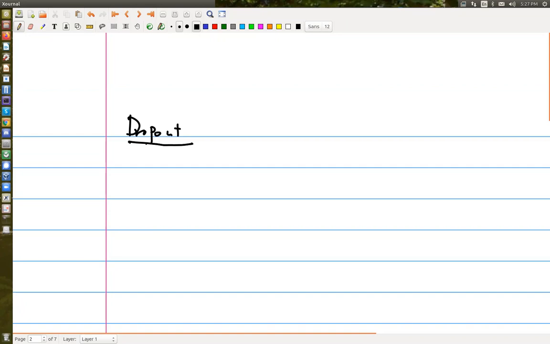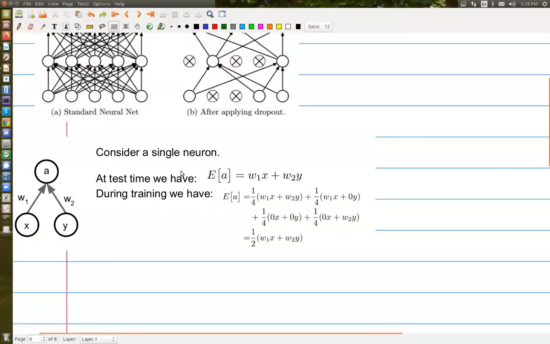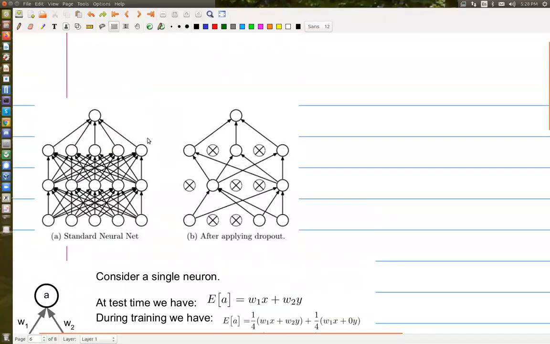You can think of dropout as a form of regularization. Let's say I have a network here, like a multi-layer network.